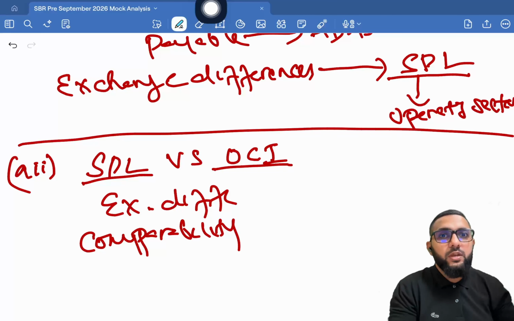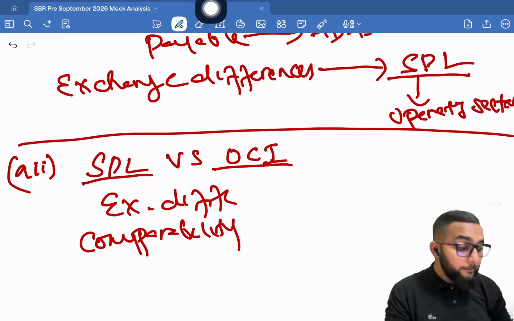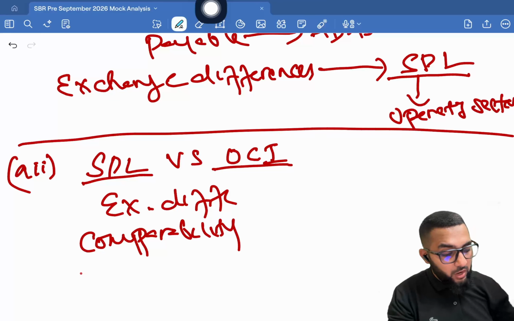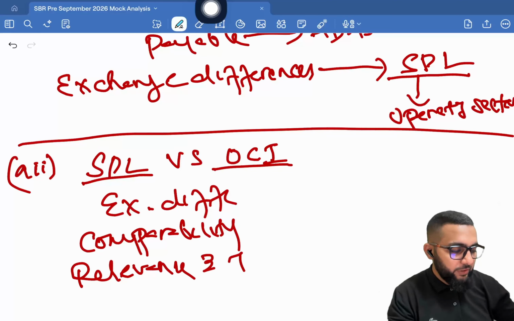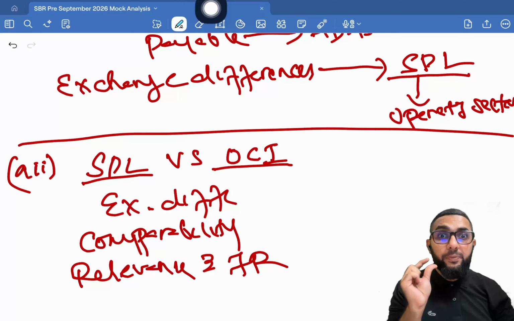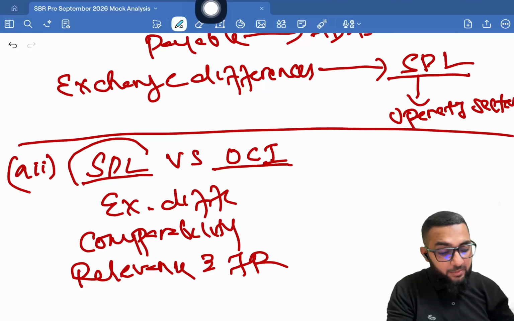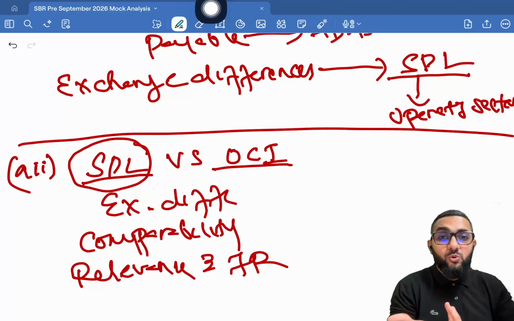You can't compare if these are sitting in different places, right? But there is one more requirement of relevance and faithful representation. So when you show operational-related exchange differences in SPL, it makes sense because it actually shows the performance of the organization, right? It talks about the performance.